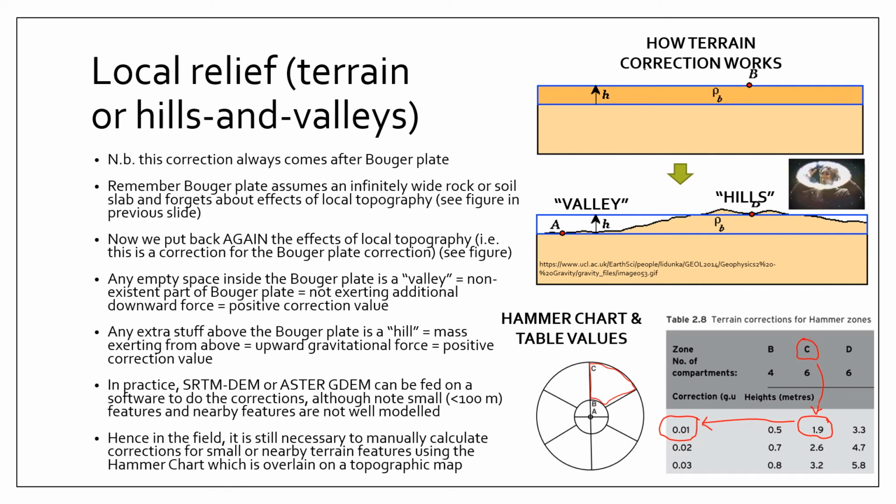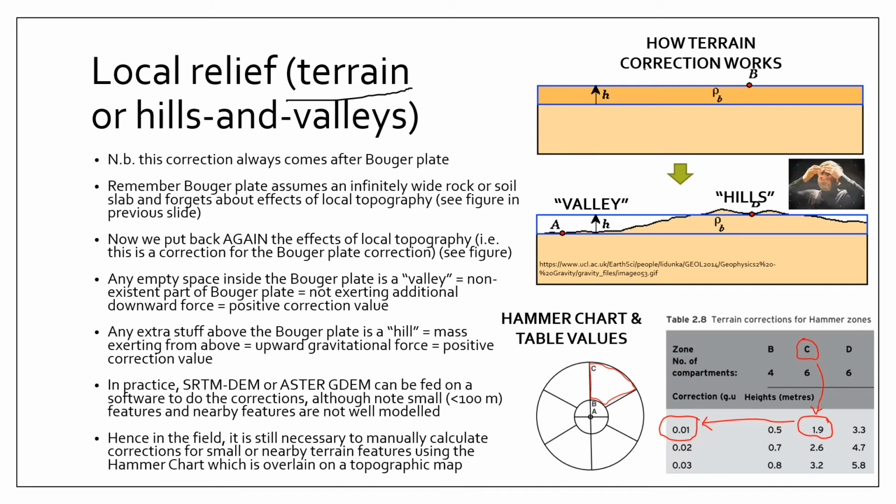All right, let's talk about the terrain correction, which gives me a headache. But what happens here is the local relief or terrain correction is a correction inception. So this is a correction for a correction.